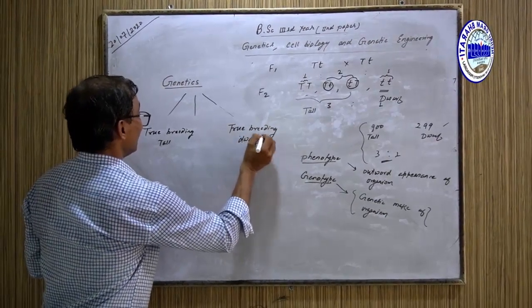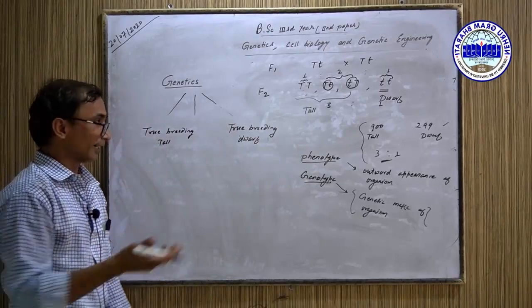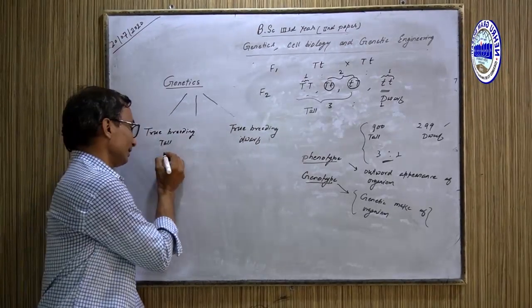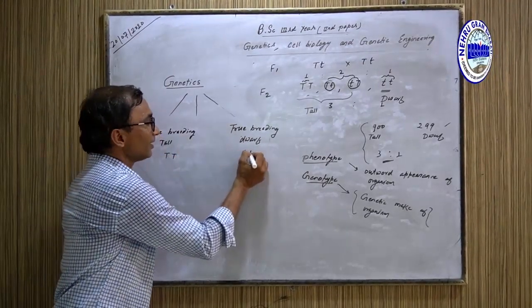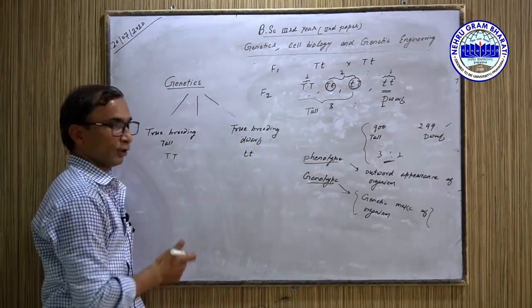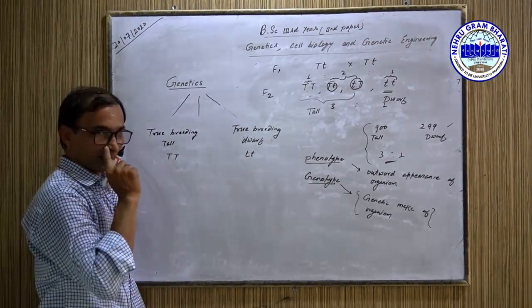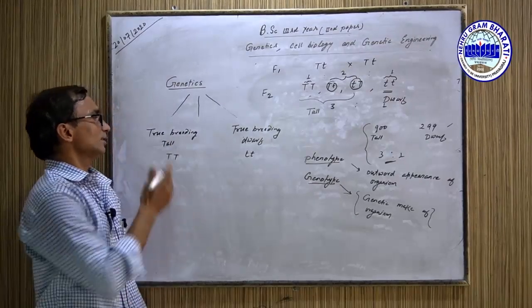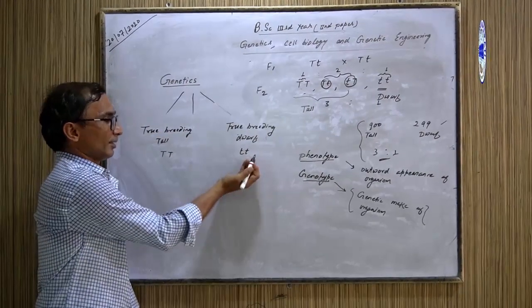So it is nothing but these are actually in homozygous condition, TT and tt, as you have already seen. So homozygous dominant, homozygous recessive. Okay, so these are the pure lines, or the true breeding lines.